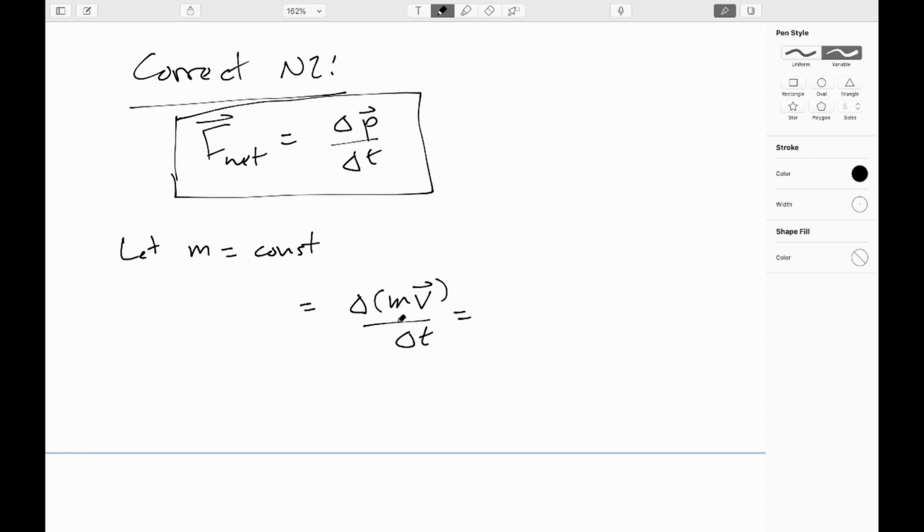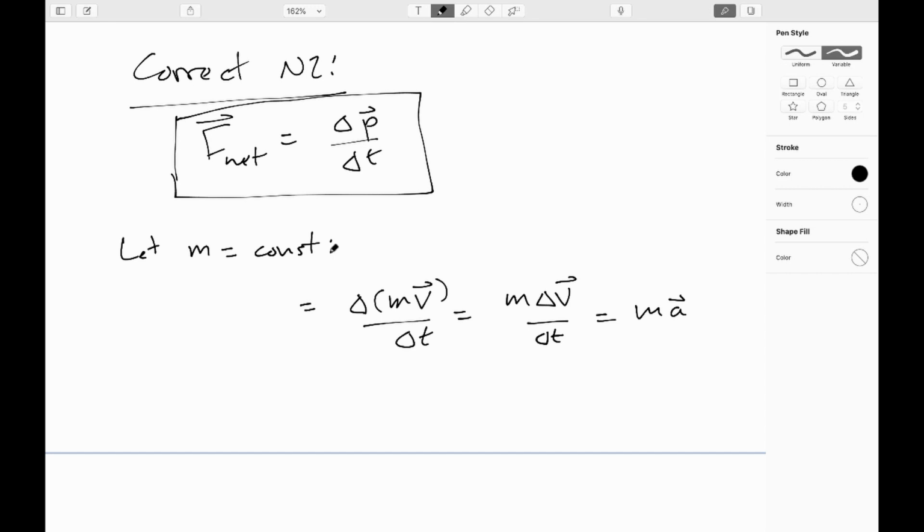But since the mass isn't changing, the change in m times v is the same thing as m times the change in v. And then you say, oh my gosh, the change in v with respect to t is the acceleration. So if the mass is a constant, we recover the F net equals ma.